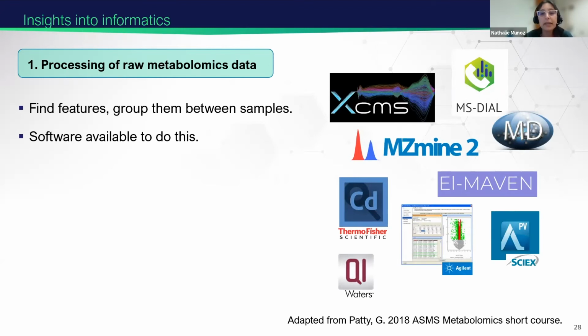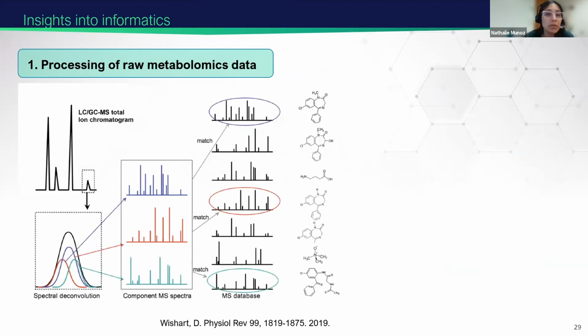There are many that are still missing, and I'm not including here the available tools in NMR. Processing requires steps like deconvolution that we're going to see in detail today. So up until here, we're processing our raw metabolomics data, finding common features, grouping them, and we get to this step.